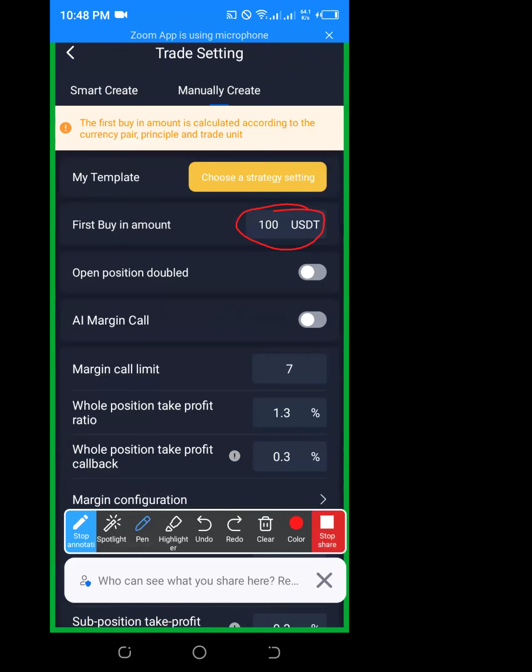Remember we have the balance of $400. But how are we going to set the margin configuration, and how are you going to balance it?